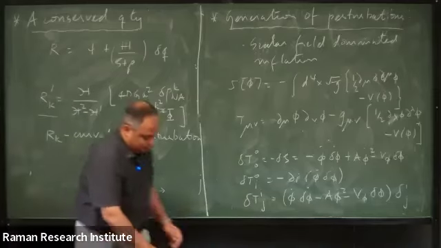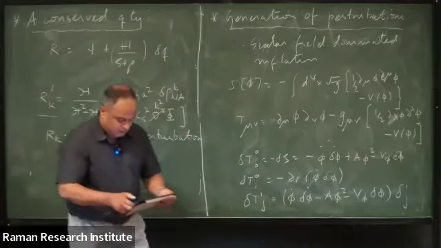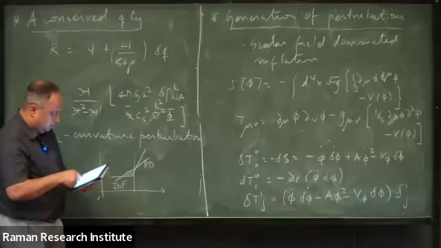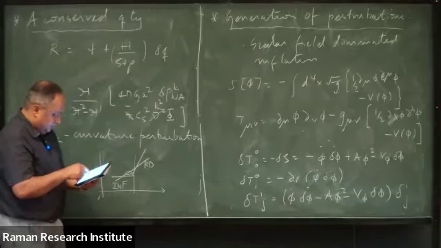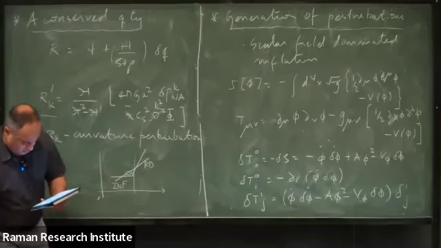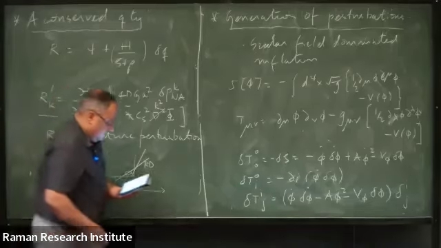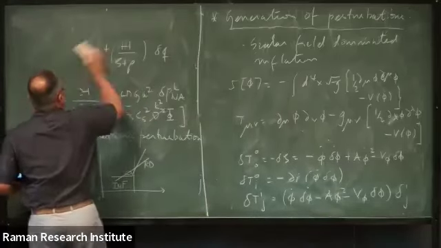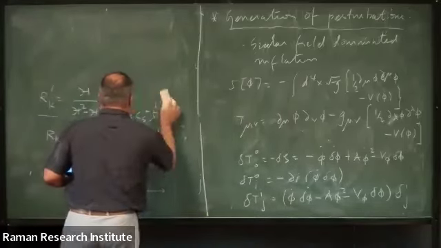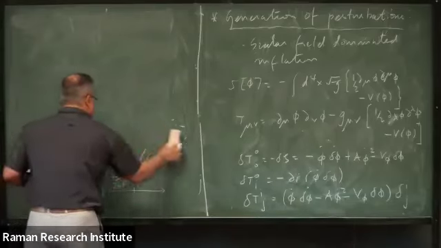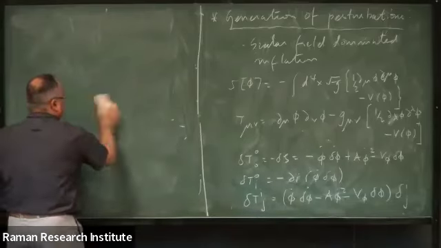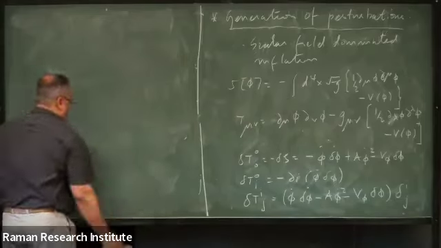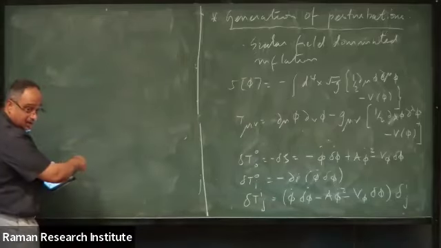So I'll just indicate a few steps before I go on to write down the solution, the complete equation. So just keep a note. For want of space, I'm not able to retain that equation for RK prime.